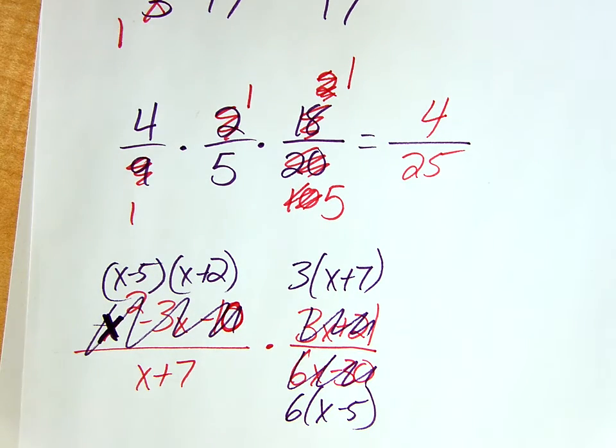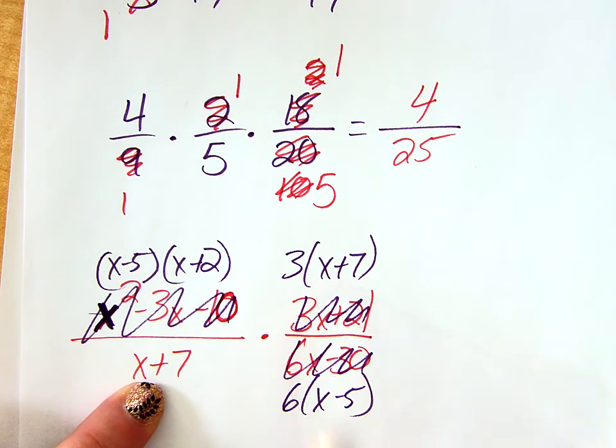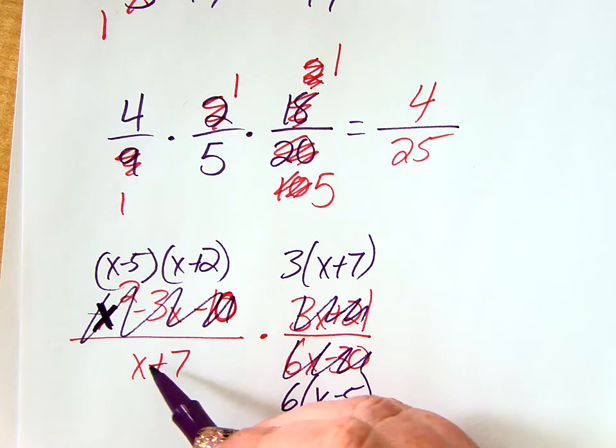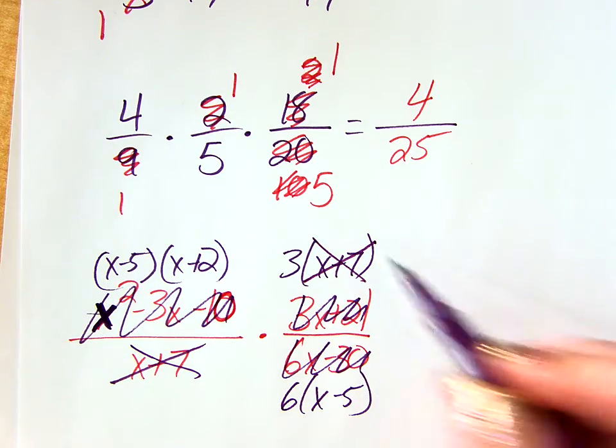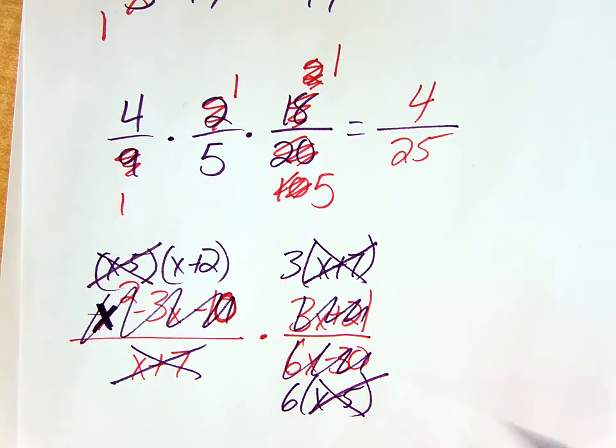So now, just like I did with the numbers, anything in any numerator can reduce with anything in any denominator. Let's see, what do we have? Can I do those x plus 7s? Yep, they cancel with each other. The x minus 5s also. Anything else?